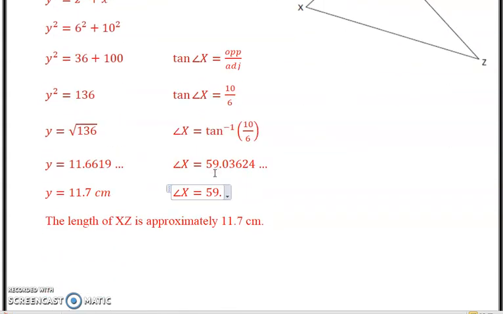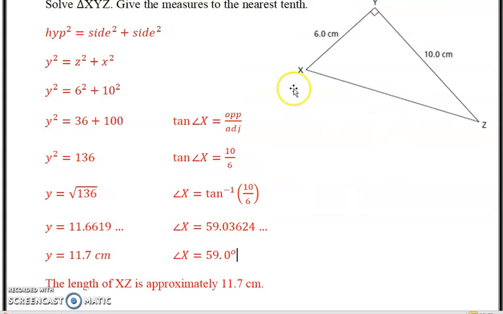And it said all the measures are to the nearest tenth, so one place after the decimal, so I was just going to leave it at 0. As I mentioned in class, I have to keep the 0 there if it says the tenth, even if we know it's 0. But we still have to write that in, okay? It's very important, we don't forget that. And there you are. So angle x is approximately 59 degrees.